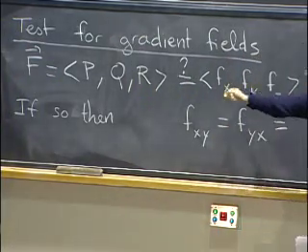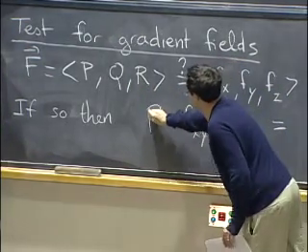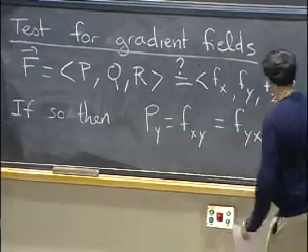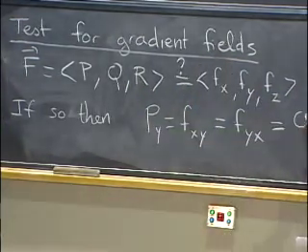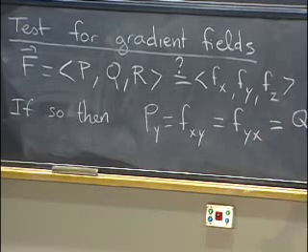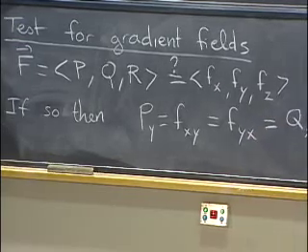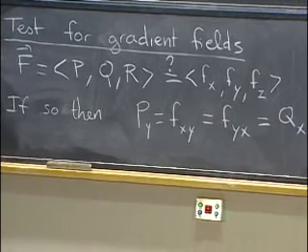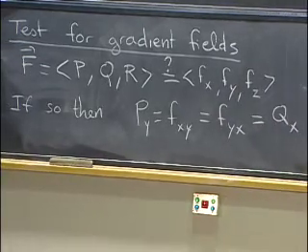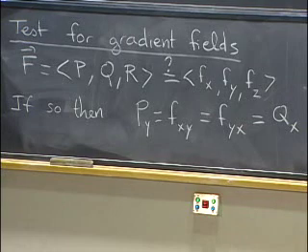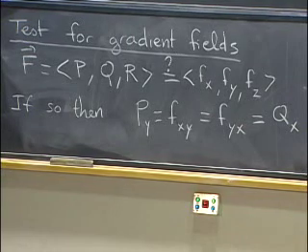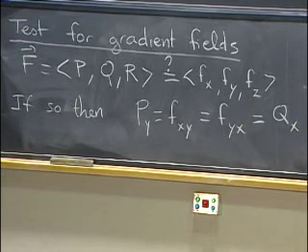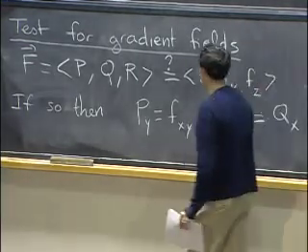Right? F sub xy should be p sub y. F sub yx, well, since f sub y is q, that should be q sub x. Okay, so if you want, that's the part of the criterion that we already had when we had only two variables. But now, of course, we need to do the same thing when we look at x and z or y and z. So that gives us two more conditions.